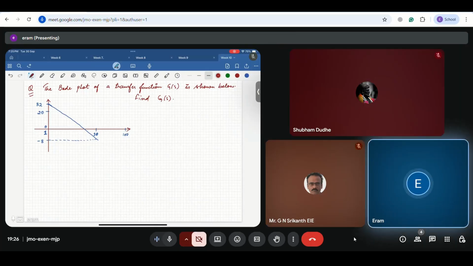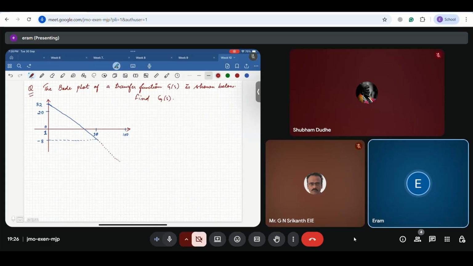You have to give me the exact transfer function. Whether 1 by s, 1 by s square, 1 by s cube, K by s, or K by s plus 2, something. First, tell me what is the slope of this line. We have no corner frequency here, so there will be no time constant type of thing.